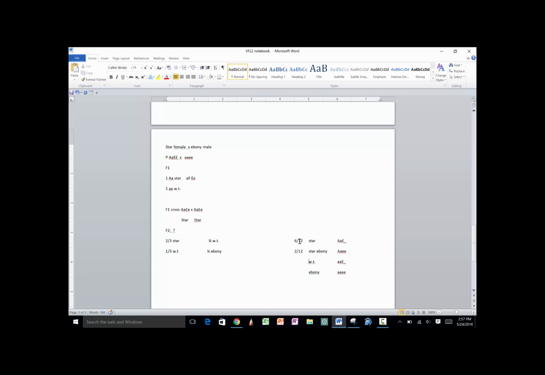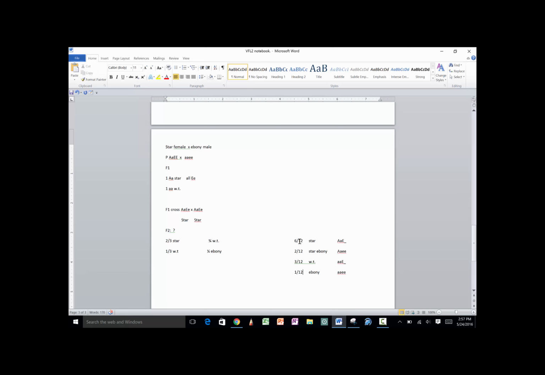Wild type for both is 1/3 wild type for star times 3/4 wild type for ebony, that's 3/12. And 1/3 times 1/4 is another 1/12, and that's just ebony.